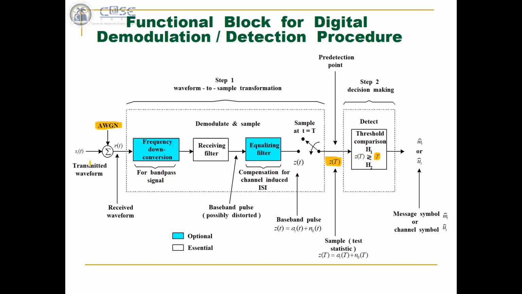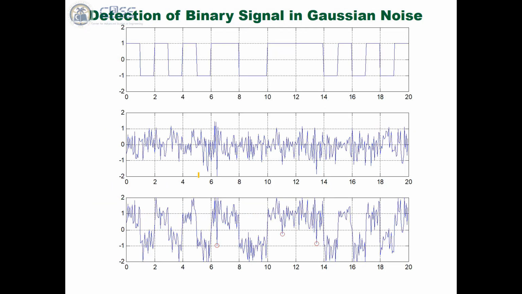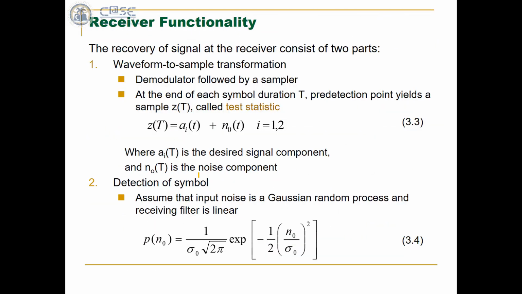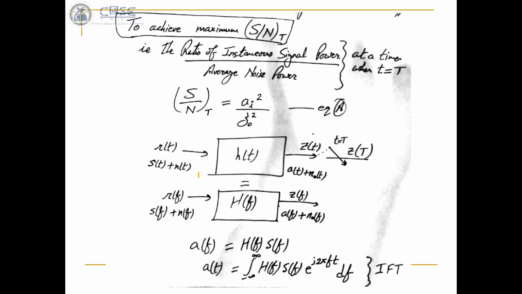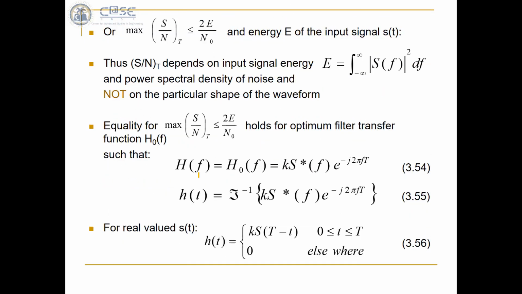So this is what we did last time. We did some derivation and tried to realize the mathematical equations from that model, and we came up with a very nice conclusion that the impulse response of the matched filter h(t) is nothing but the shifted and flipped version of the signal itself.